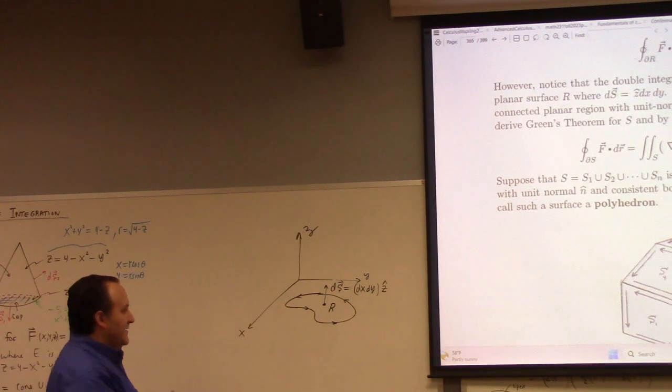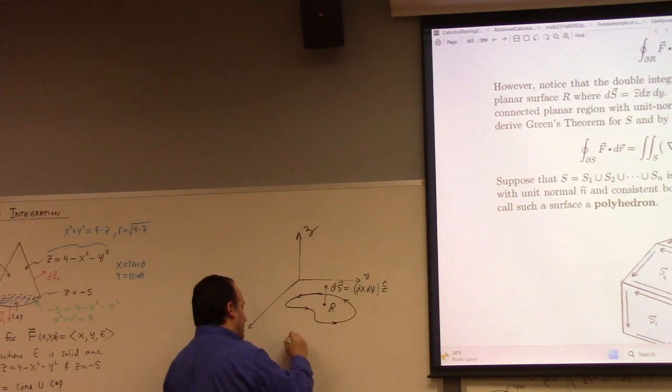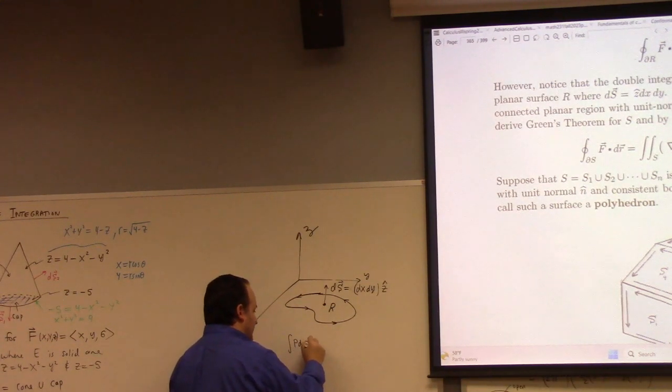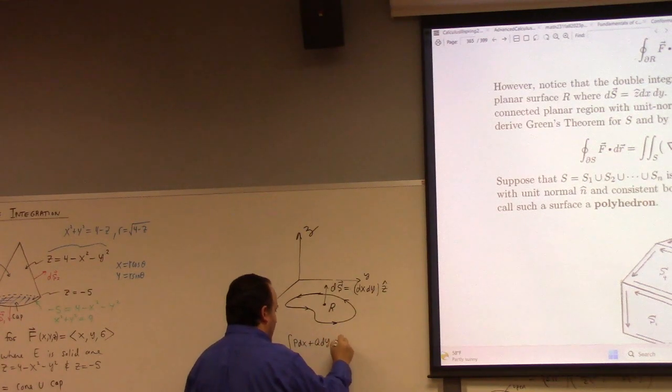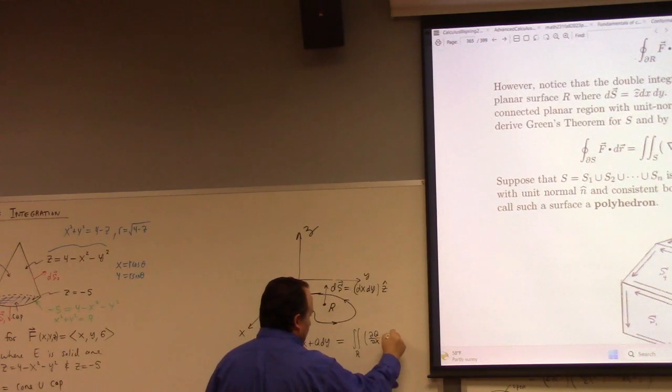So, with respect to this setup, we have already proved the theorem that the integral of P dx plus Q dy is equal to the double integral over R of partial Q partial x minus partial P partial y dA, right?